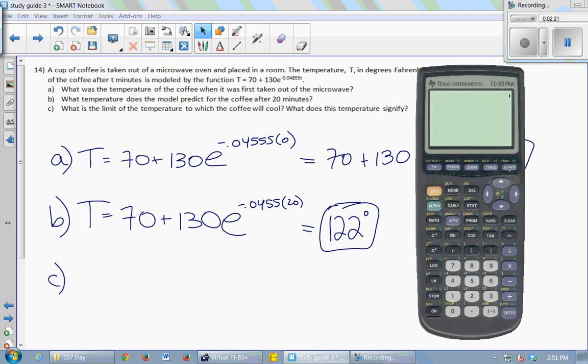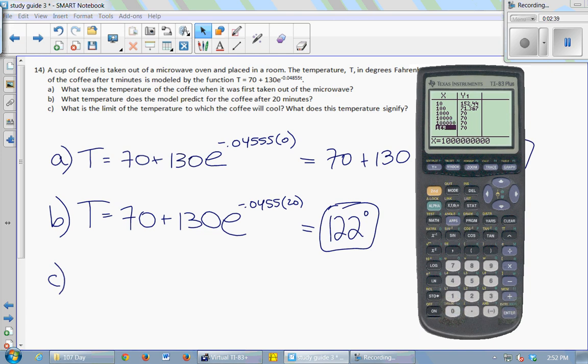And maybe I'll just look at my table and plug in bigger and bigger values for x. So 10 minutes, 100 minutes, 1,000 minutes, 10,000 minutes after the coffee comes out of the microwave, 100,000 minutes.